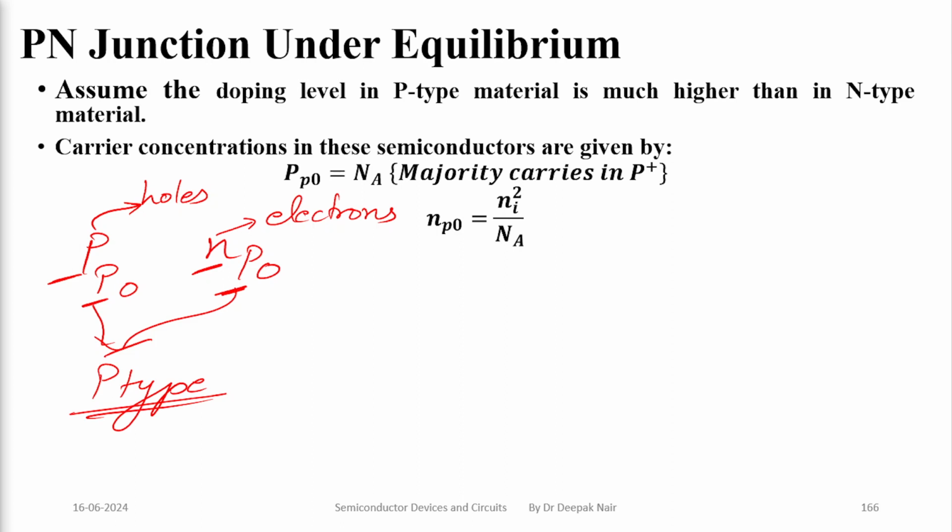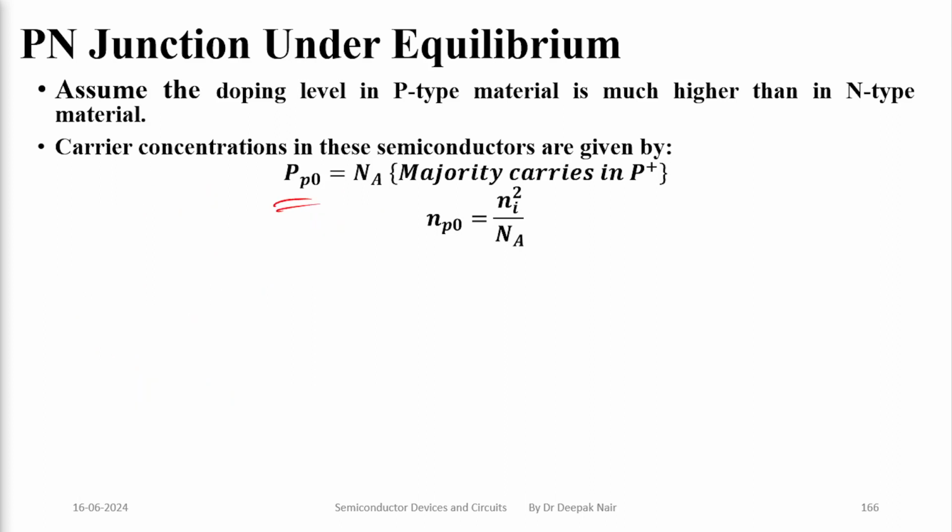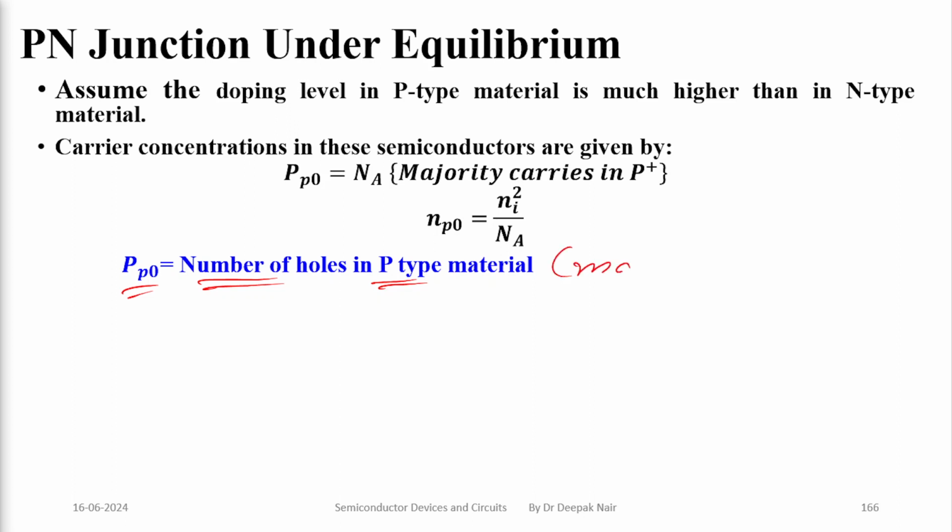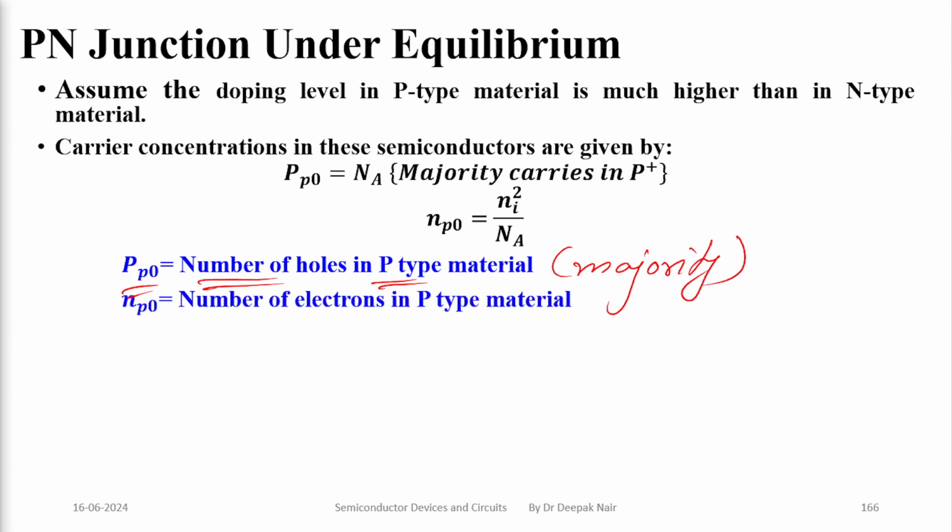So the number of holes in P type semiconductor, which are the majority carriers, and the number of electrons in the P type material, which are the minority carriers, are given by these two equations. From the above equations, PP naught is the number of holes in the P type material, the majority carriers, and NP naught is the number of electrons in P type material, the minority carriers.